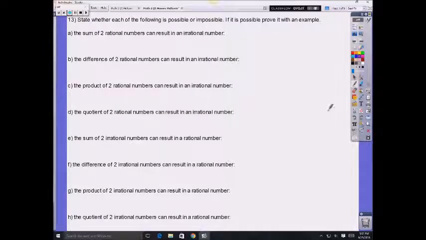Oh, okay, good. 13. Now, here we go. Here is a lesson. Don't ever forget it. There's a number line, the real numbers. There's 0.